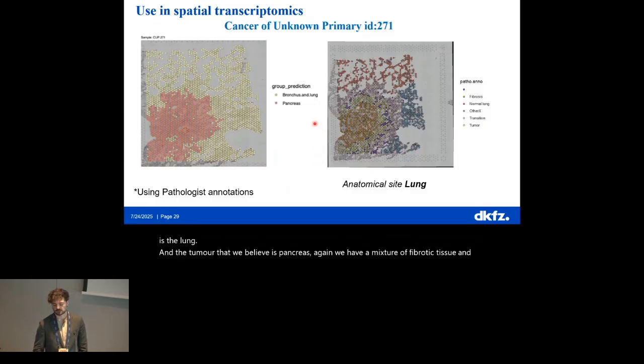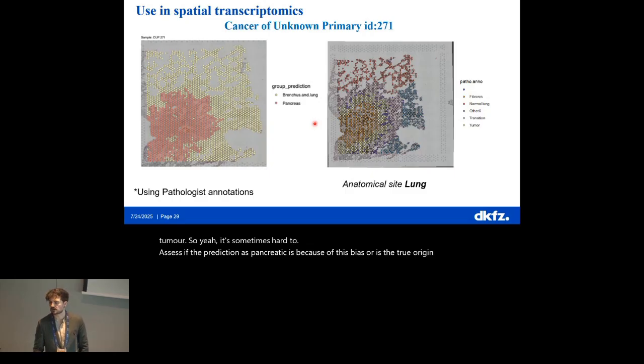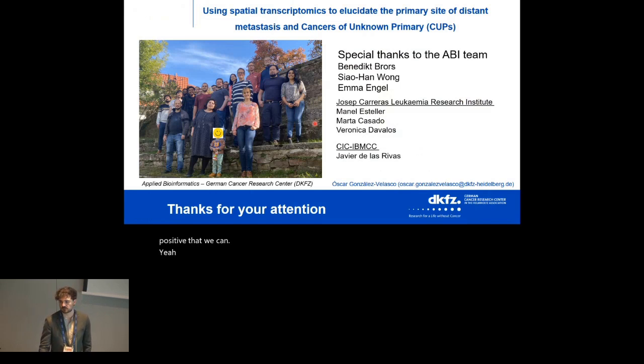So yeah, it's sometimes hard to assess if the prediction as pancreatic is because of this bias or is the true origin. But we are positive that we can annotate and at least give some extra information for the pathologist to give some diagnostic info.